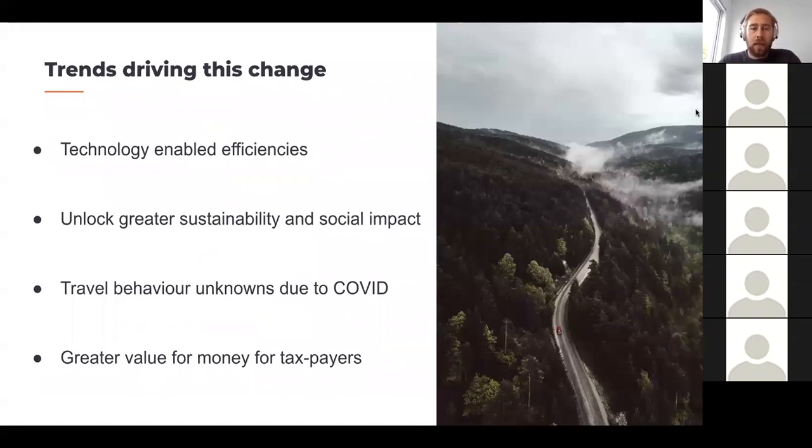So to take a look at, I guess, what is driving the implementation of DRT or consideration of DRT. I think Uber is probably a large part to blame or thank for DRT coming into the public transport bus networks. Definitely overseas in Australia, the transit authorities were looking at how, instead of being disrupted by an Uber-like technology in the way that it did for the taxi industry, how could they be part of the solution?